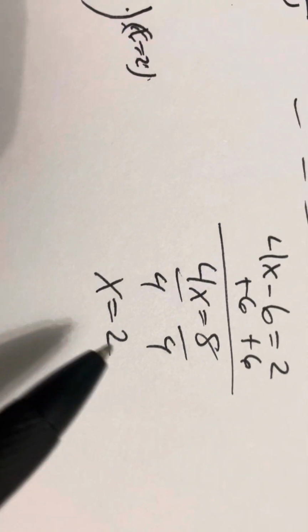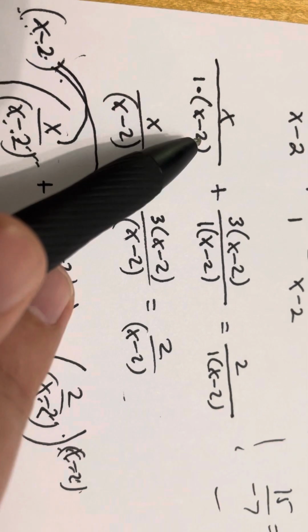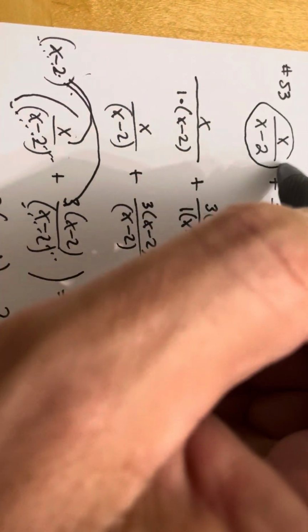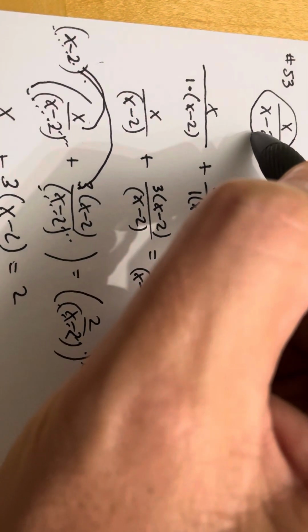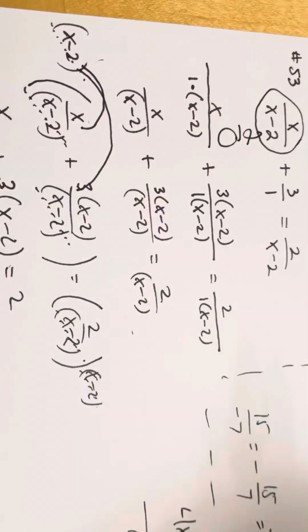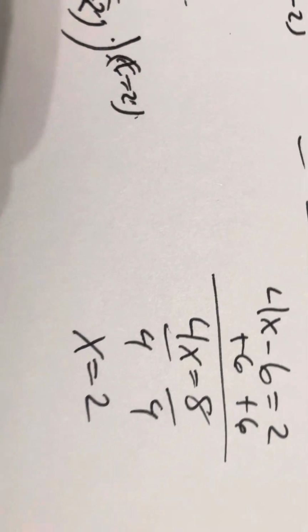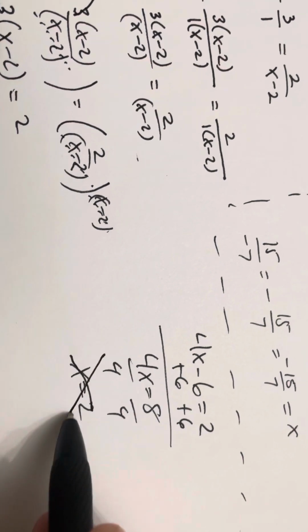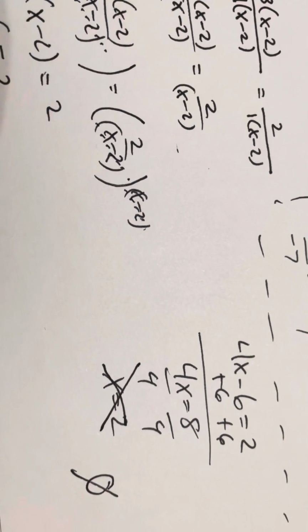And we have a problem here, because when we look back at the beginning, what happens when we plug in a 2 into this? Well, we're going to end up with 2 over 0. So even though we did all of our work right, we can't divide by a 0. And so this answer is actually not good. We're going to tell you that the answer is the empty set.